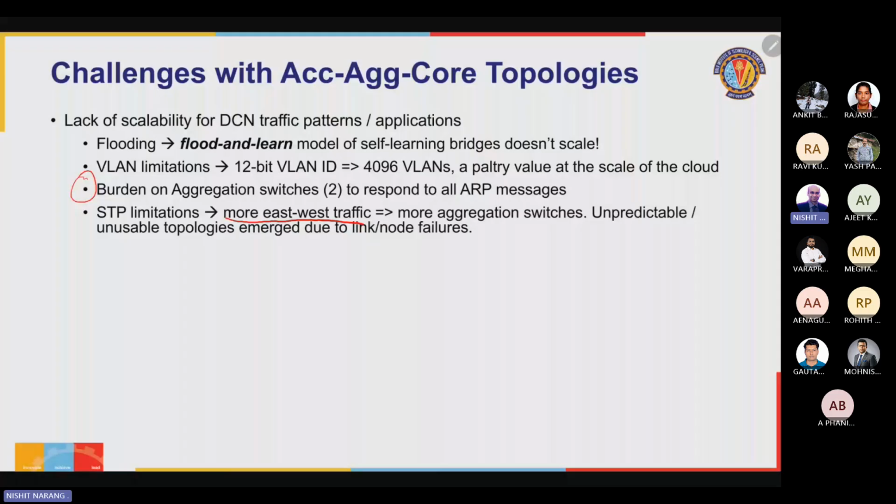STP itself has been observed, Ravi, it's similar to something you were saying, the protocol itself has sometimes been known to have unpredictable behaviors. And this unpredictable behavior often emerges in larger networks when there are random and frequent node or link failures. So when a link fails or a node fails, let's say an access switch fails, STP has to come up again, look at the entire network graph, identify alternate routes, create a new spanning tree.